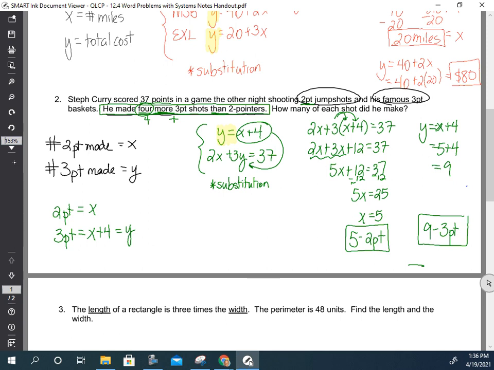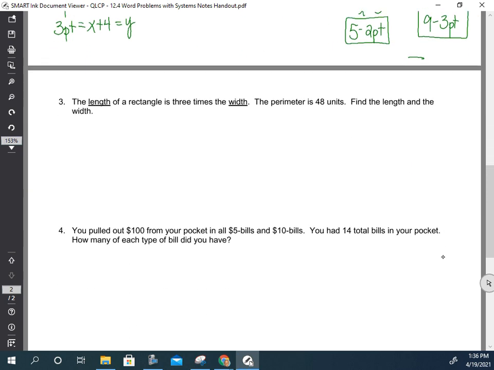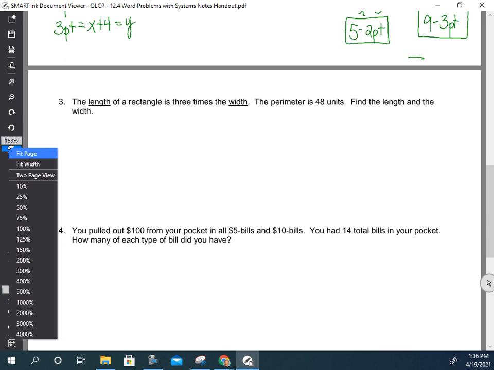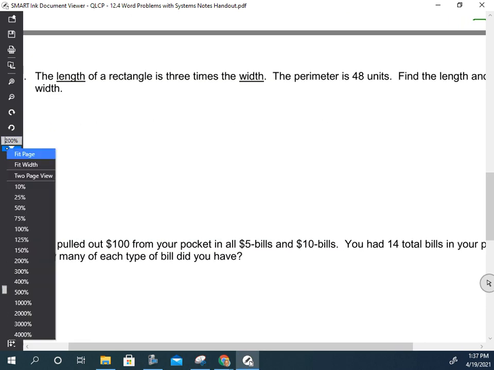We'll do one more example, and then the other 3 examples will be saved for Wednesday. All right, so take a quick minute, read example 3, start setting it up. I'll keep the screen.